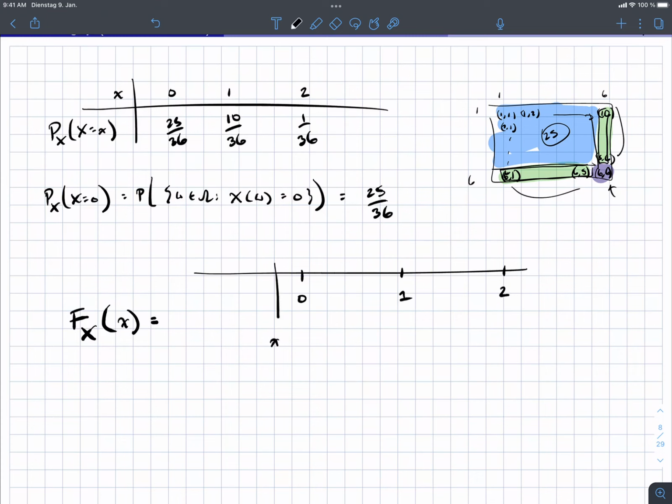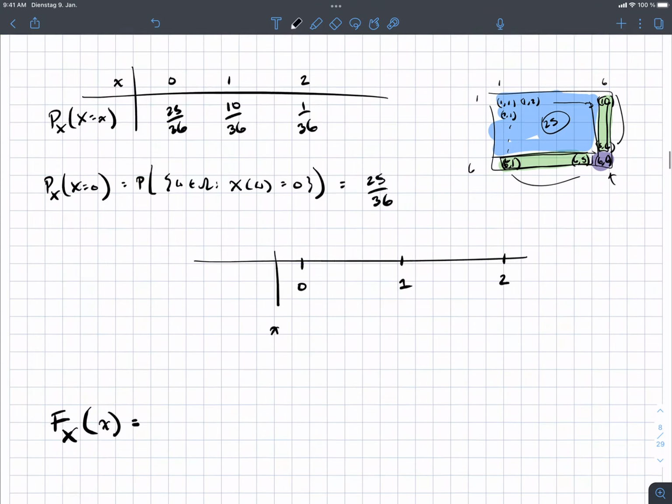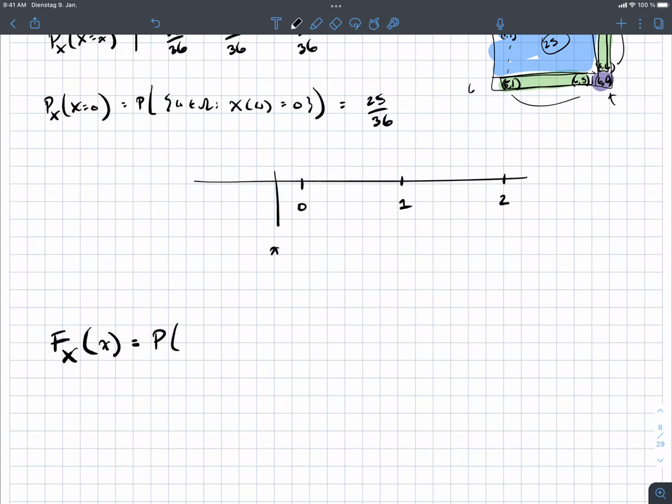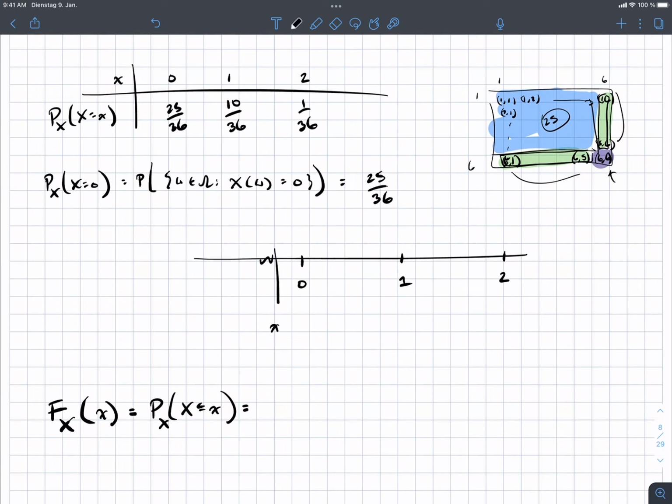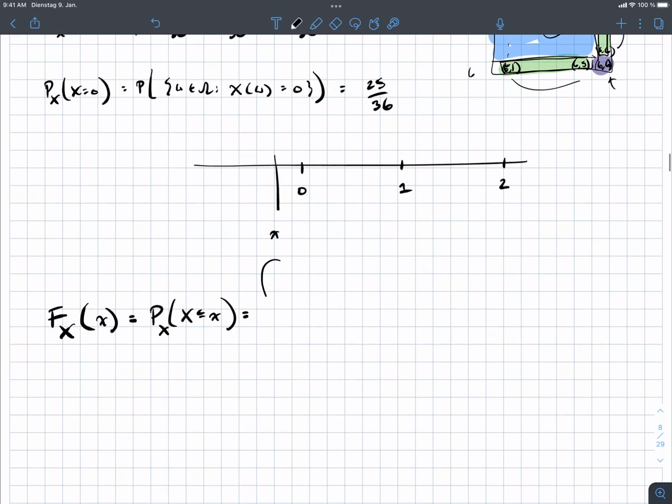If I put my little x right here, then the probability that X is less than or equal to little x is going to be 0, because I can't get any X's down here. So if x is less than 0, then the probability of getting a value x or lower is going to be 0.